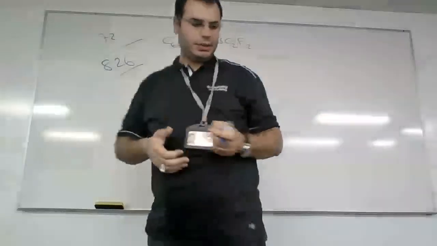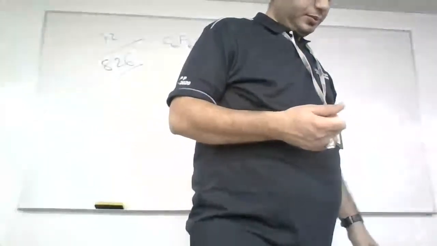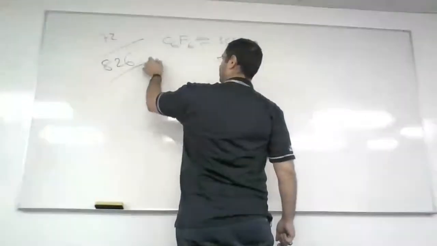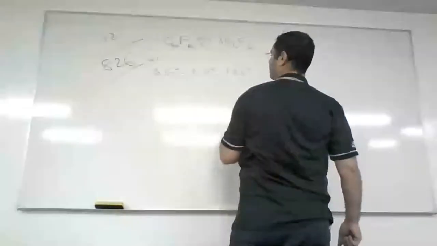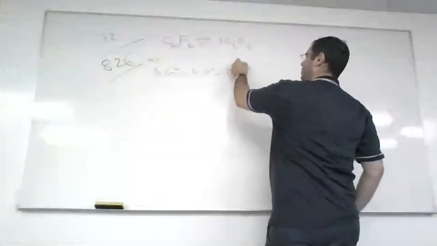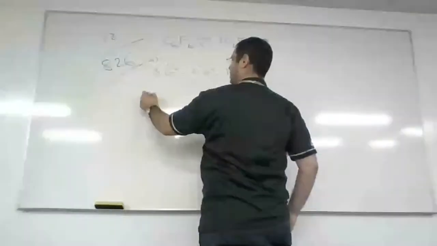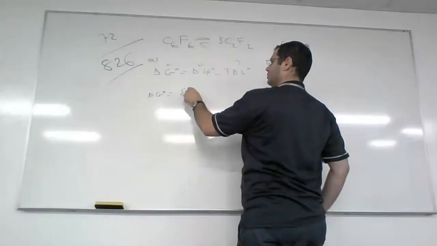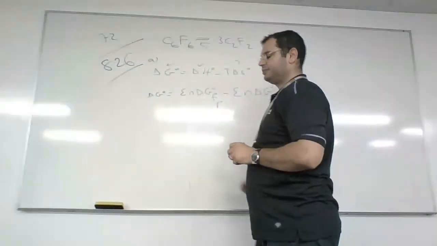Now you have to calculate delta S. To calculate delta S, you have the temperature, right? You should apply what you have in here: delta G naught is equal to delta H naught minus T delta S naught. Okay, calculate delta S. You can actually calculate delta H naught from the given and delta G naught from the given, which is the sum of n delta G naught of products minus reactants.